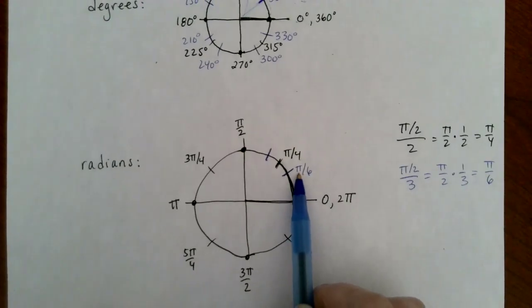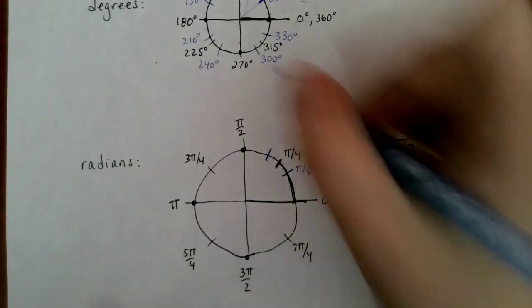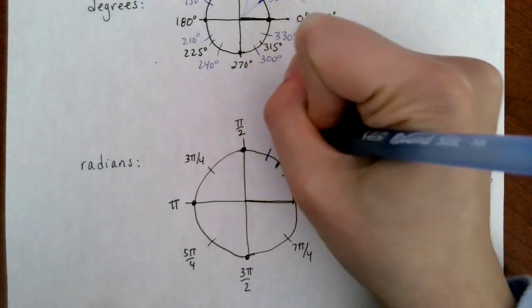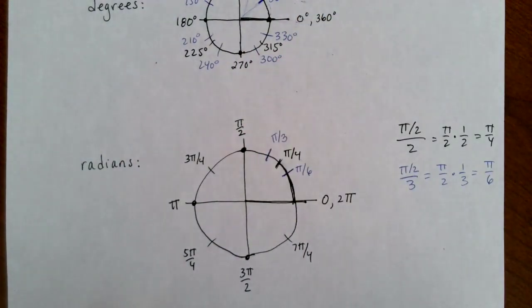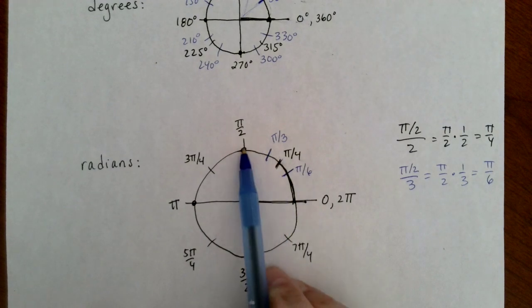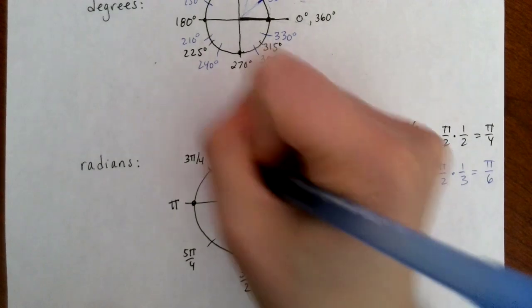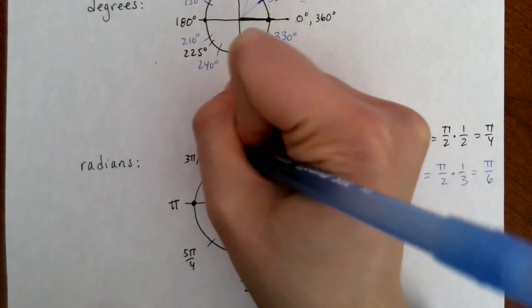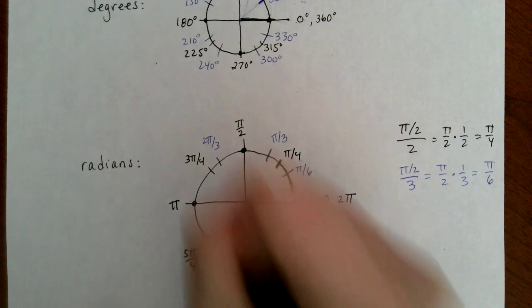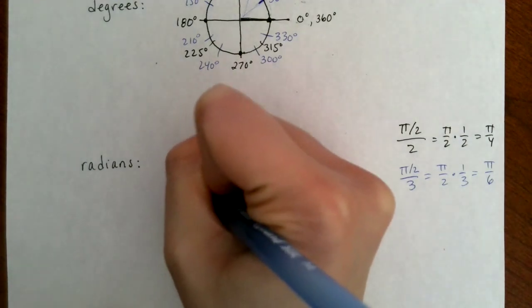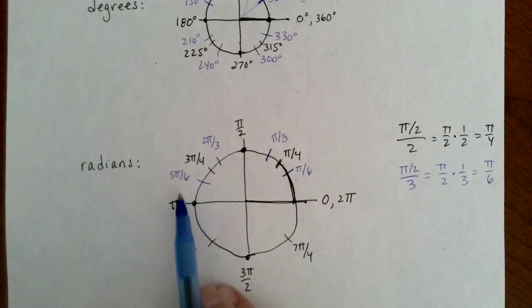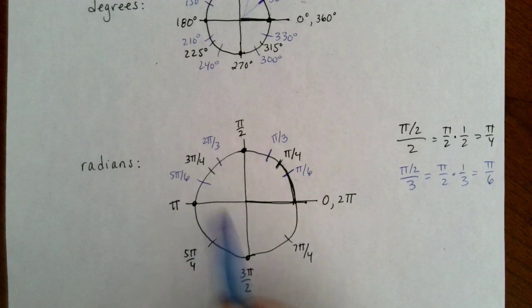So here we have 1 pi over 6. This next one is 2 pi over 6, which will be pi over 3 when we simplify it. 3 pi over 6 is here, already simplified. This is 4 pi over 6, so that's 2 pi over 3 simplified. 5 pi over 6 doesn't simplify. 6 pi over 6 does.